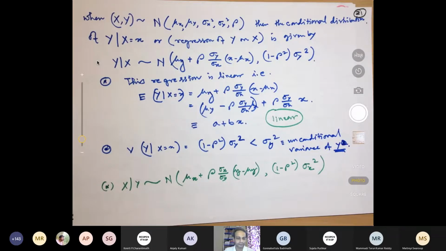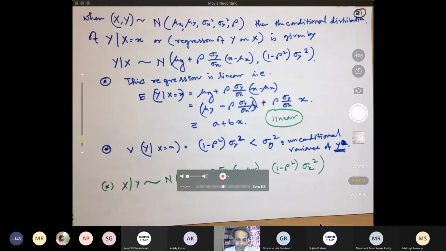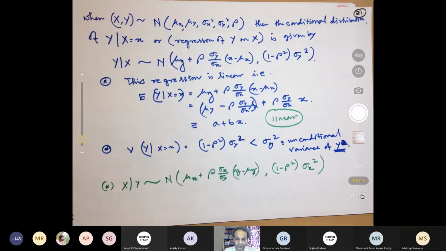So let us see some diagrams that we have already shared, so that we can have a better interpretation of the model.